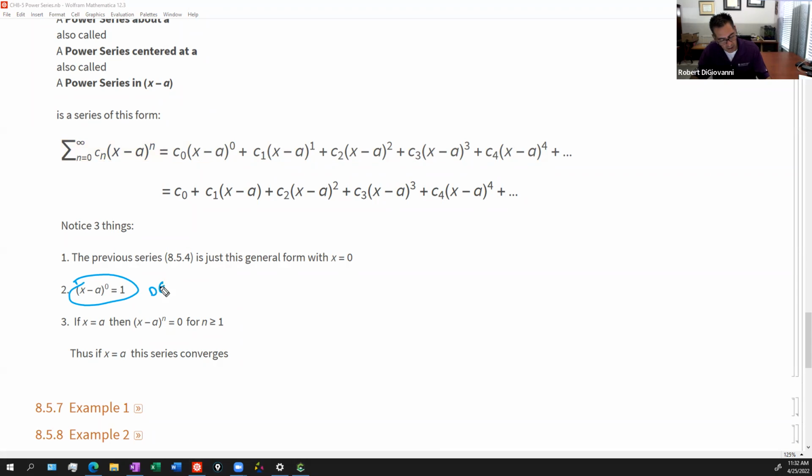You might be saying, why define that to be 1? Anything to the 0 is 1, right? Take any number, raise it to the 0, you should get 1. But the reason I have to define this to be 1 is because what if I tell you to plug in a for x? What would happen? What's a minus a?